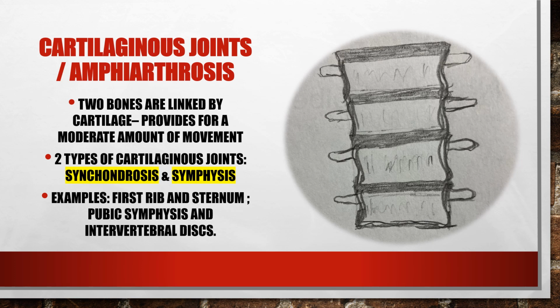And the second would be the symphysis. These are the bones that are bound by a thick layer of fibrocartilage, and an example would be the pubic symphysis and intervertebral disc. So my example right here for this one would be the intervertebral disc, which is for the symphysis.